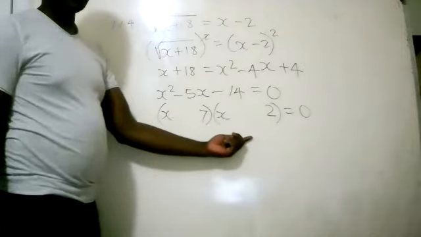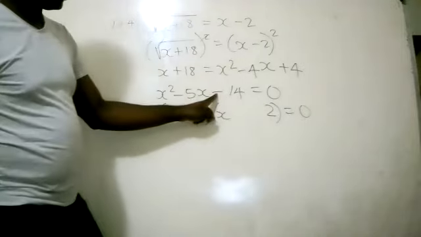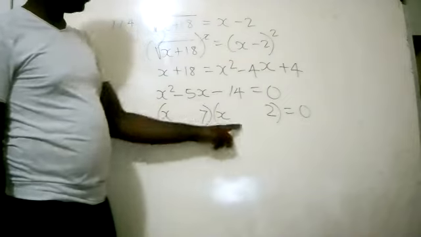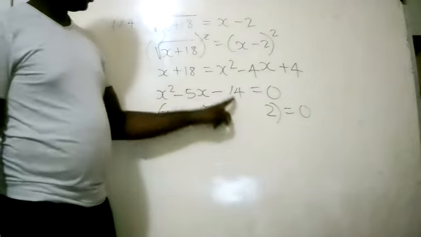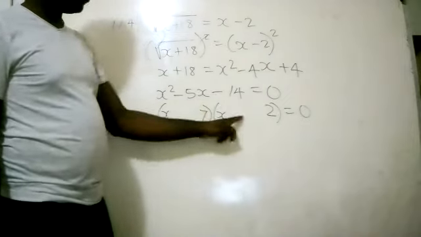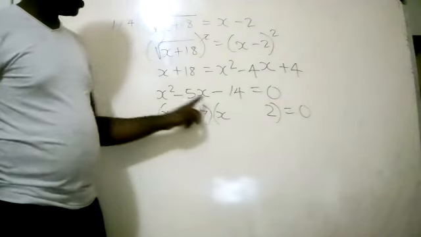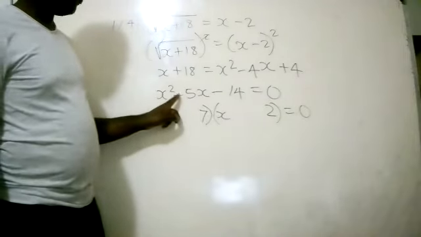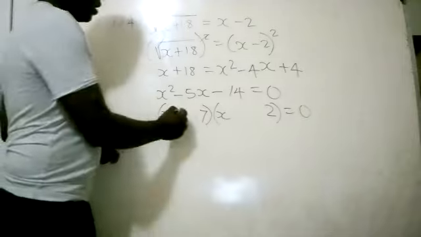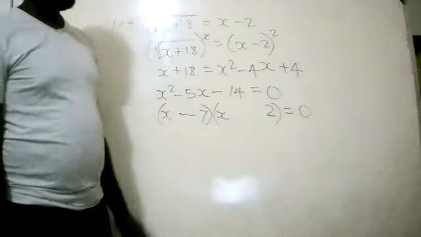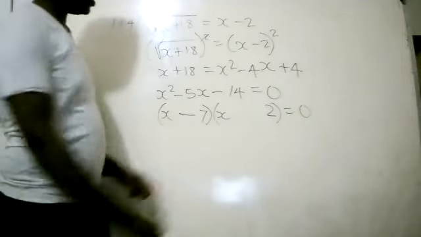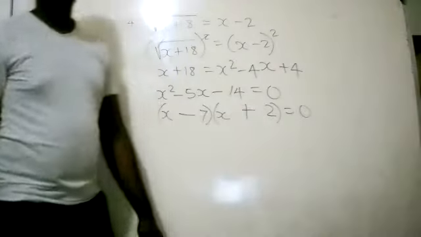And then the signs, which we need to check here. If it is negative here, it means one of these must be negative. And then again, we check this sign here. If it is negative here, it means the negative must be on the bigger number, which in this case must be on the 7. The other one must be positive.